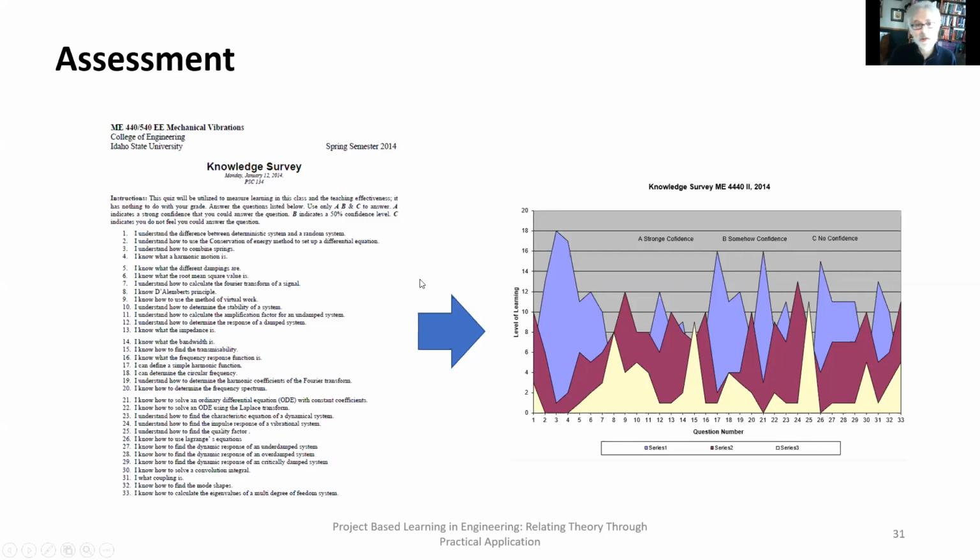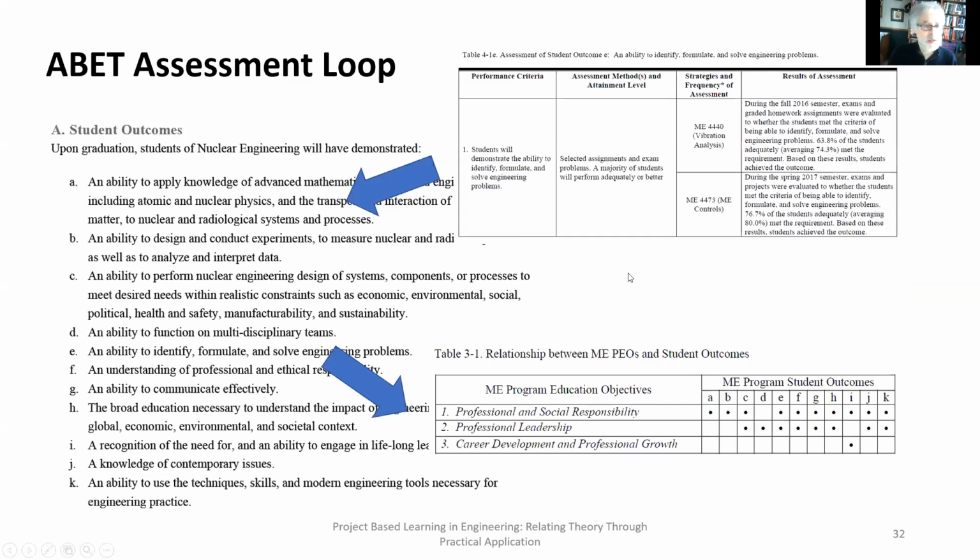We have an overall assessment because we're an ABET accredited program, where we basically have 3 program outcomes that go into 11 student outcomes that trickle down into every class, where we look at certain things that we want the students to be able to achieve. And so that is ongoing.